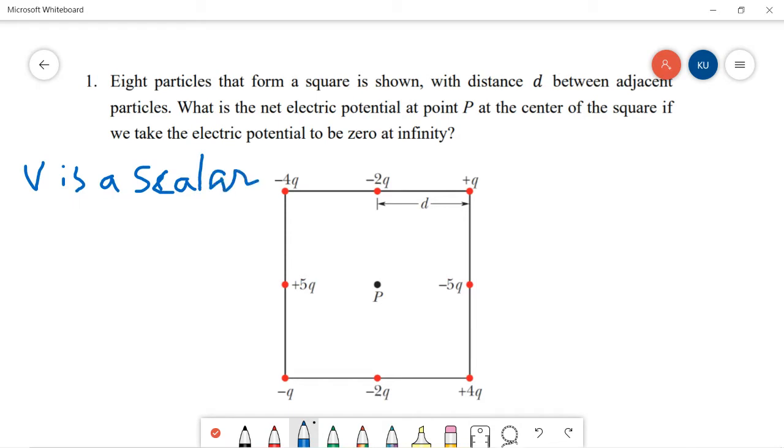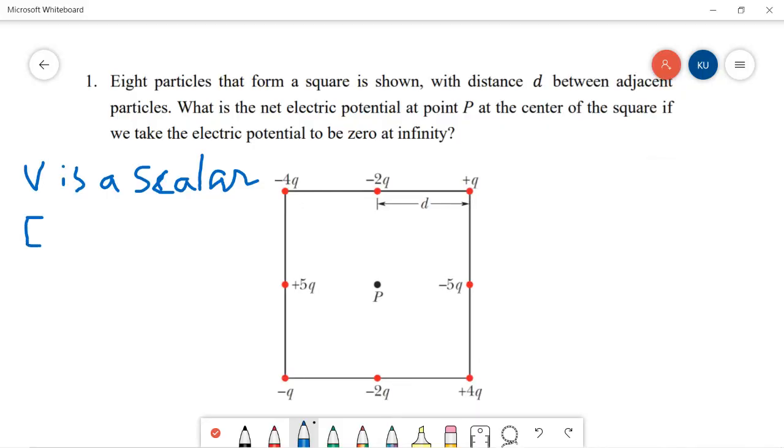The main difference between voltage and electric field is that electric field is a vector. Voltage, or electric potential, is a scalar. So it is actually a number in the whole space. At every point in space, the electric potential can be different.